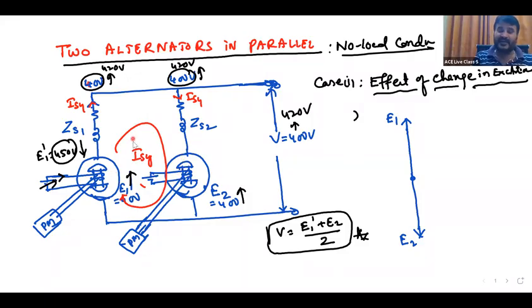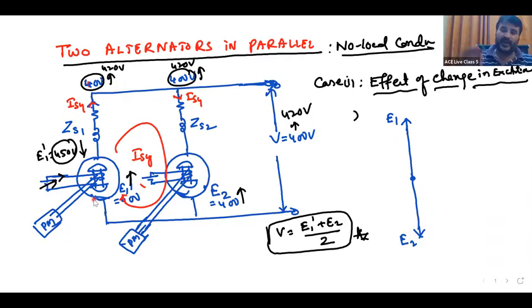And the synchronizing current or synchronizing power demagnetizes the first machine, whose excitation is increased, and magnetizes the second machine, such that the set terminal voltages are equalized. Okay. When excitation increases, it is demagnetizing; the other is magnetizing. Set terminal voltage will be equalized.